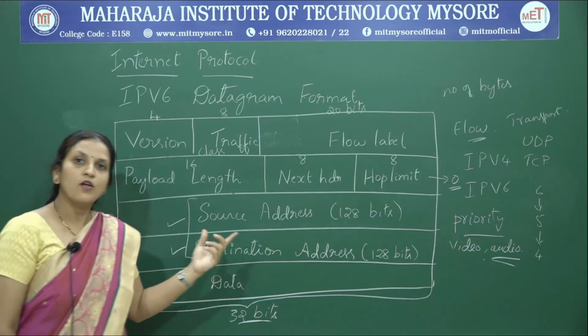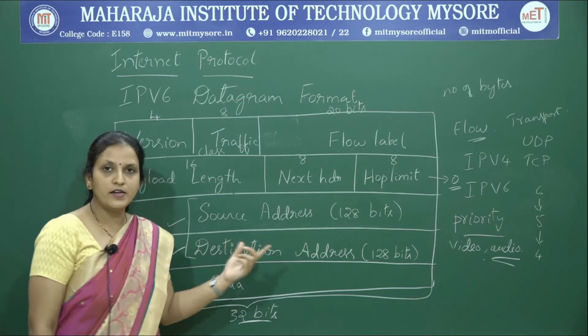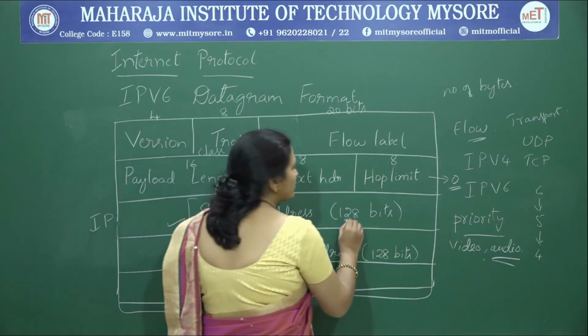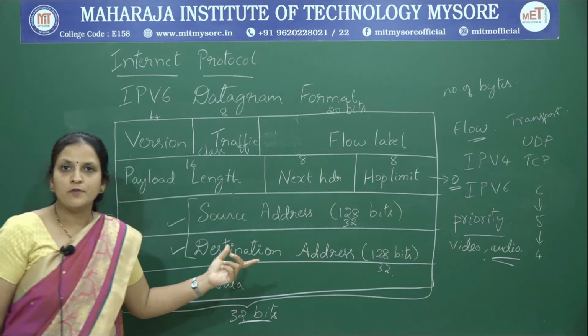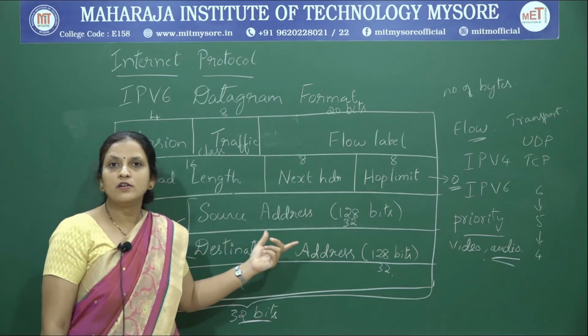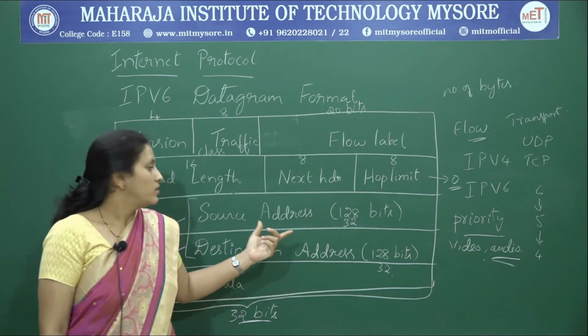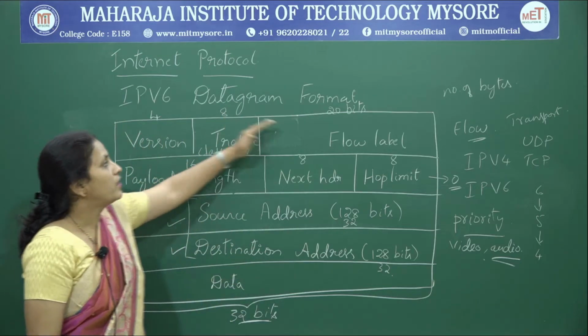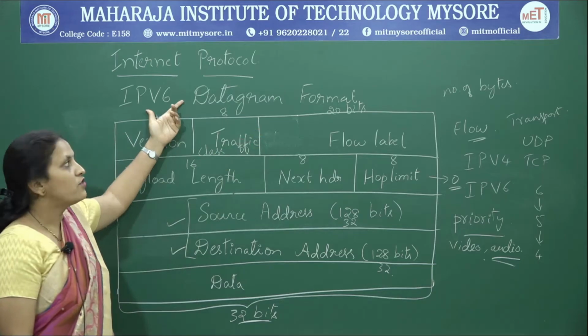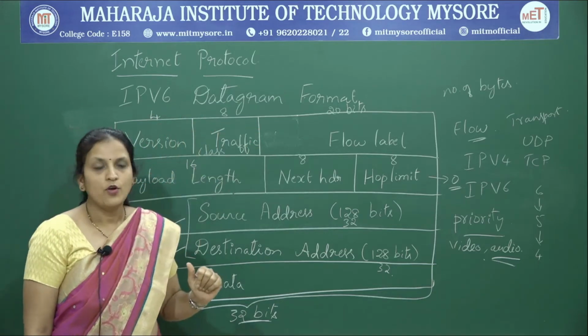In IPv4 we also had source and destination addresses, but they were 32 bits. Here they are 128 bits to make sure the world does not run out of IP addresses. So, this is about the datagram format in IPv6.